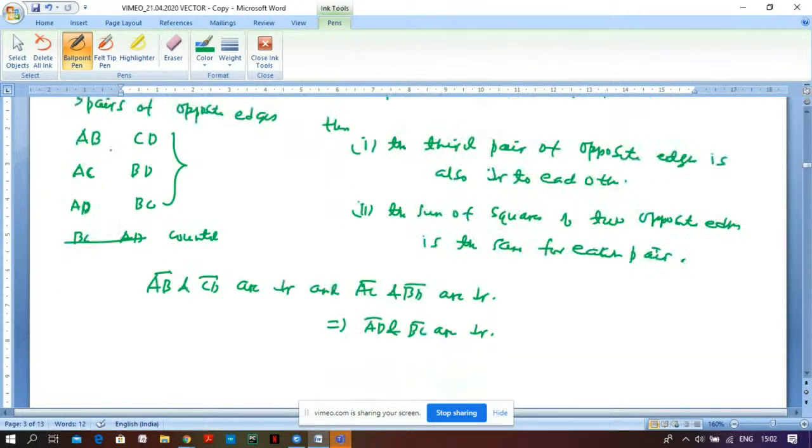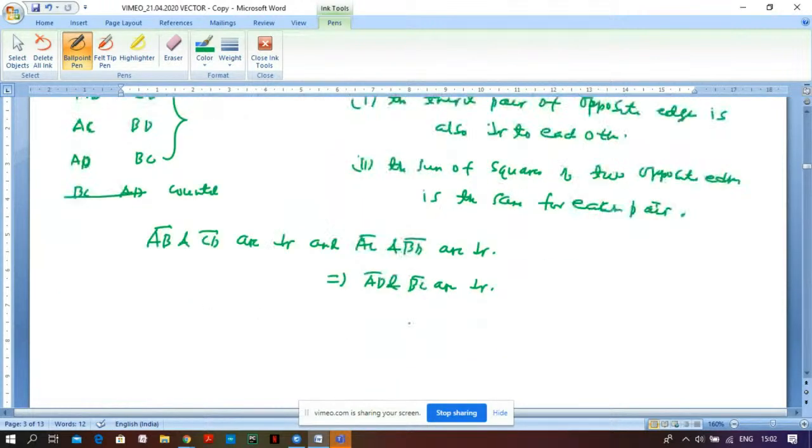So we can start anywhere. We have just done this; it's straightforward. Because AB and CD are perpendicular, we know that 2AB dot CD, which we just derived, equals AD squared plus BC squared minus (AC squared plus BD squared).